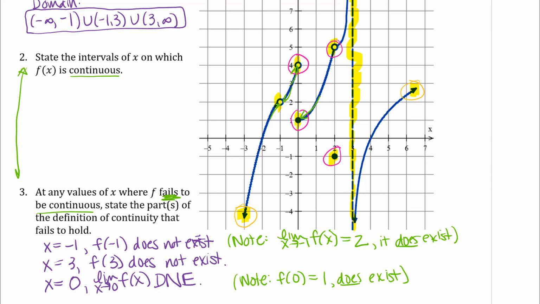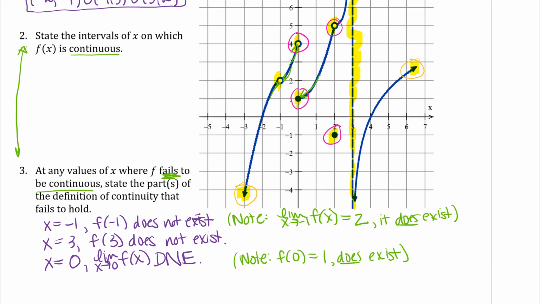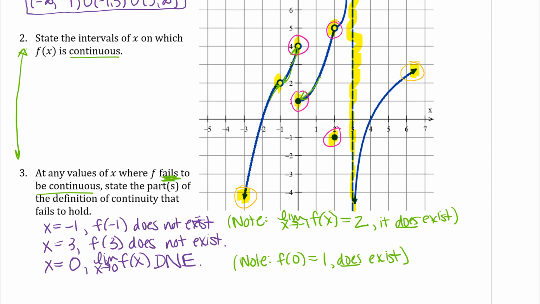All right. The next place on this graph where I see a break in the graph, where I highlighted when I initially looked at this graph, is at x equals 2. All right, so at x equals 2, I do have a point, so that's not the reason. So I'm going to write out here that note that f of 2 is -1, and that does exist.